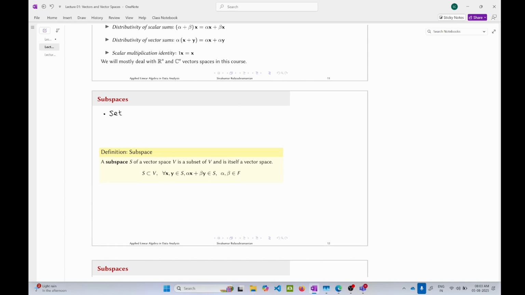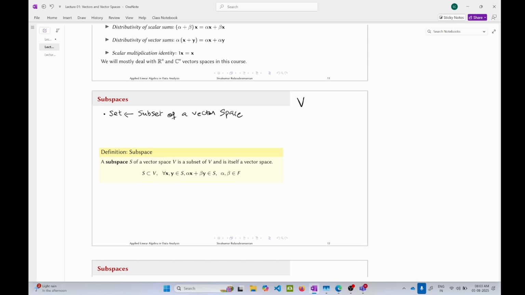Subspaces are again sets. A vector space is a set with special properties. Subspaces are again sets with special properties, but they have one other property. It's not just a set, it's a subset of something. Usually, this is a subset of a vector space.